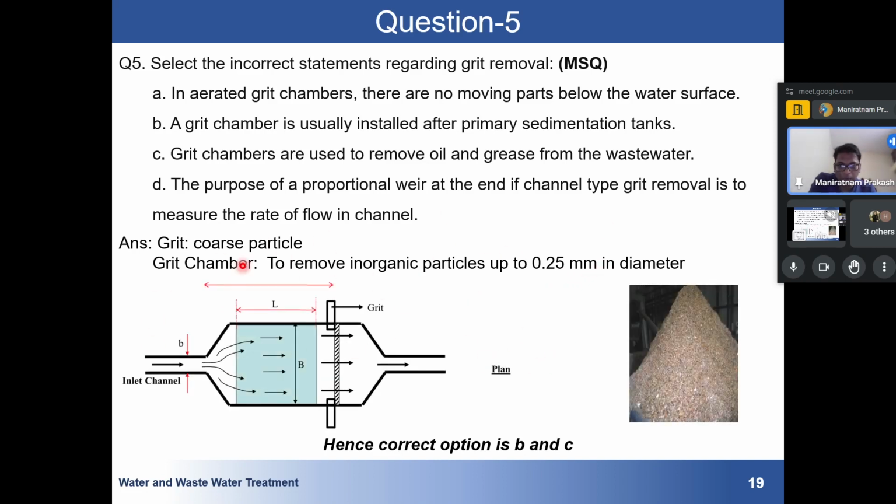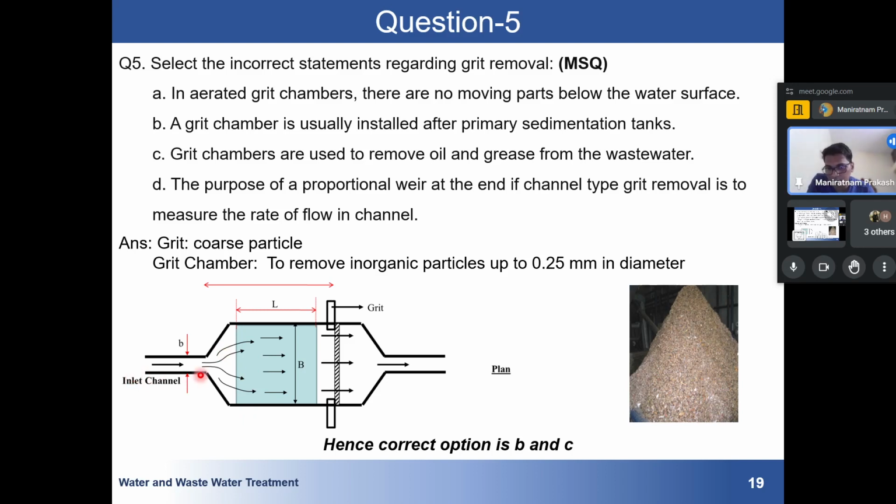So this is a plan view of a grit chamber. After screening, water will go into this grit chamber, and you can see this image is from above. When I was showing you the settling tank, I was showing it from the side, but this one is from above.